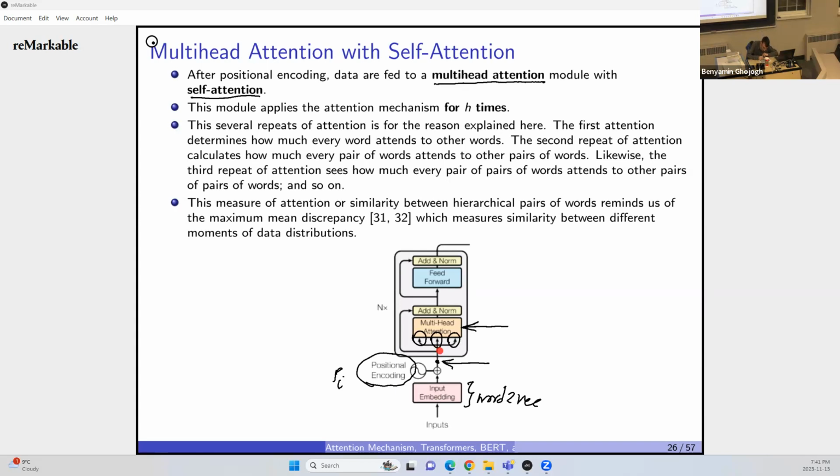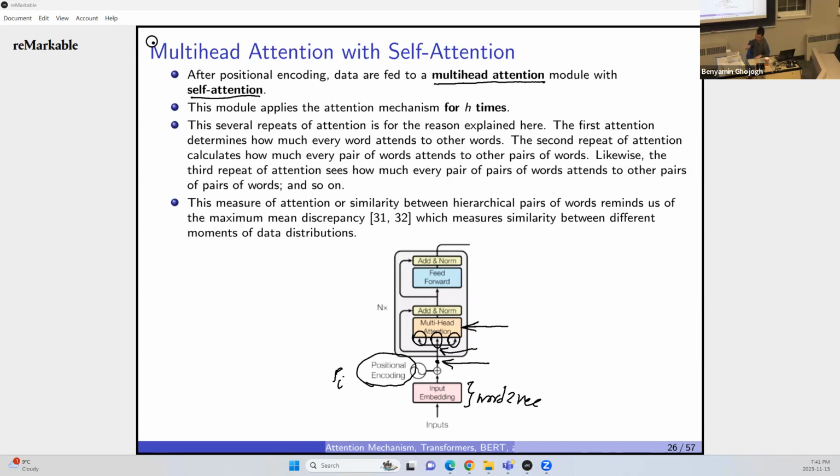As you see, I'm using the same words in the sequence. I'm finding query, key, and values, right? So it's self-attention because I'm calculating attention of every word in the sequence to every other word in the same sequence, right? So it's self-attention first off.